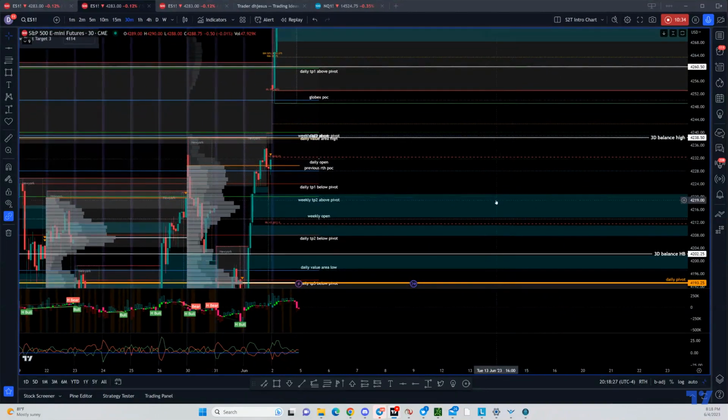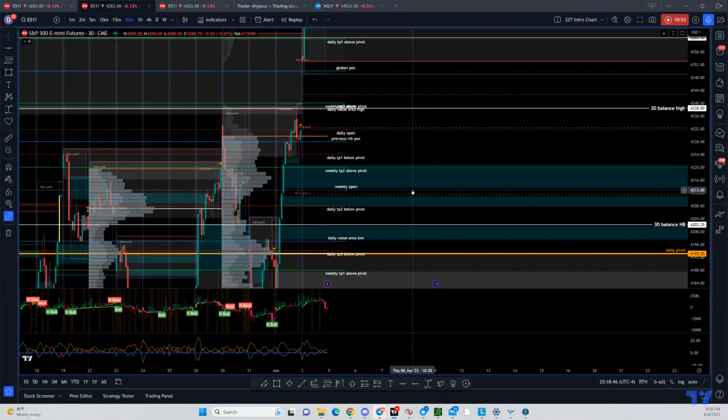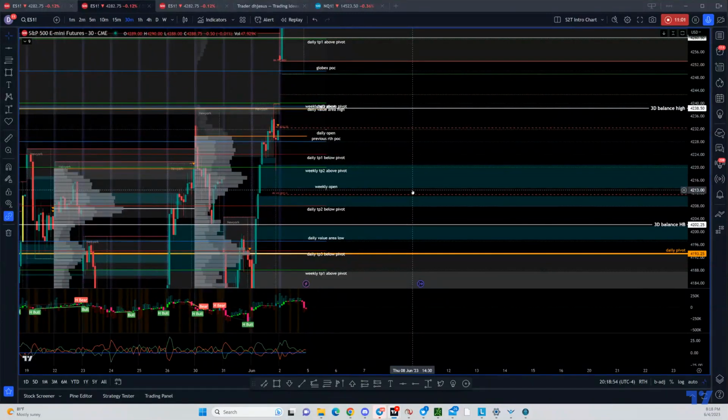From 40, it would be 20, which is the single print zone here. A little tight. This was a weekly open for Monday. One of those Mondays there. Yeah, it looks a little tight. Let's see what we got here.